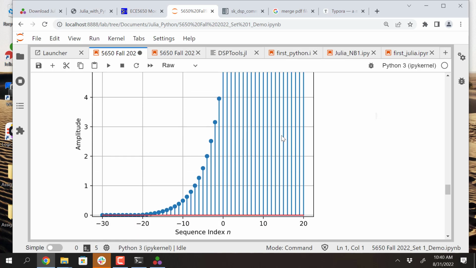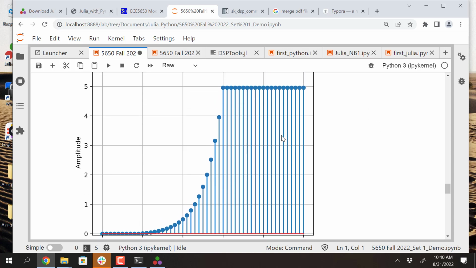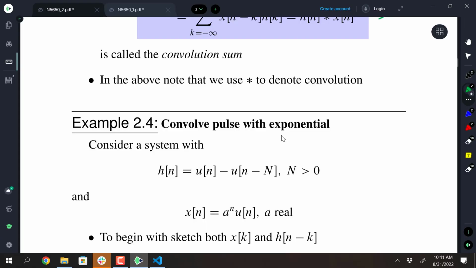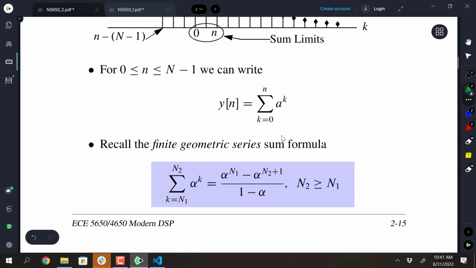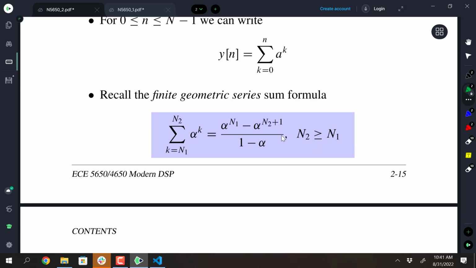So the math behind this is a little bit more involved, and we'll jump back over when we look at this. We will be reviewing here the geometric series to get the closed form solution. We're going to use geometric series a lot in this class the entire semester, and it gets used in so many different ways.